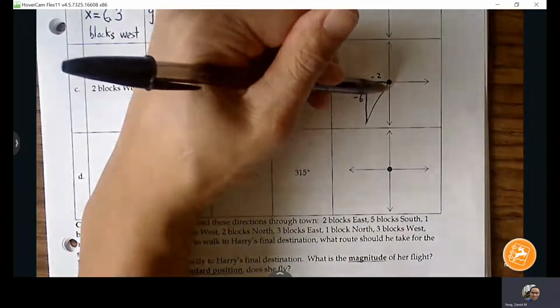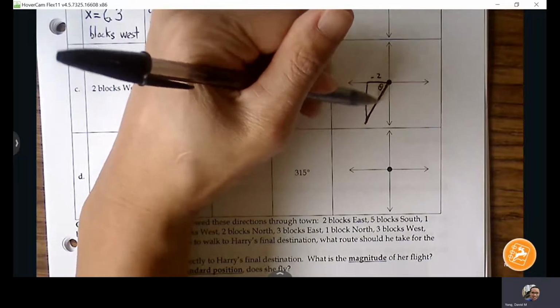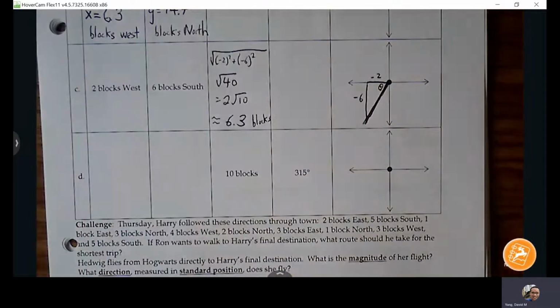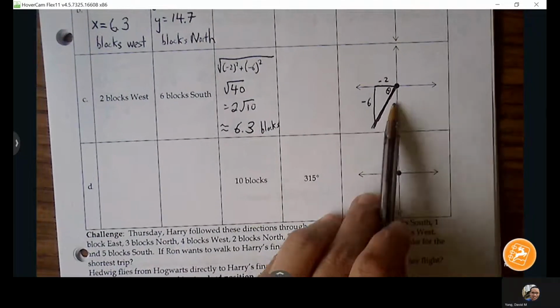Okay, the flight path would be equivalent to around 6.3 blocks, but obviously a lot more efficient because it's able to fly directly. Okay, inverse tangent.